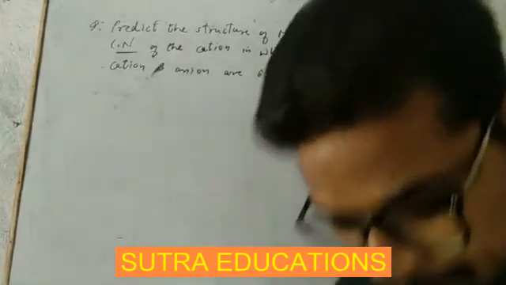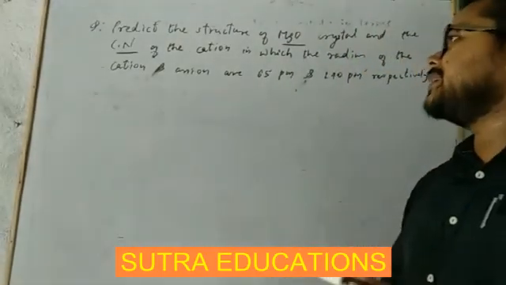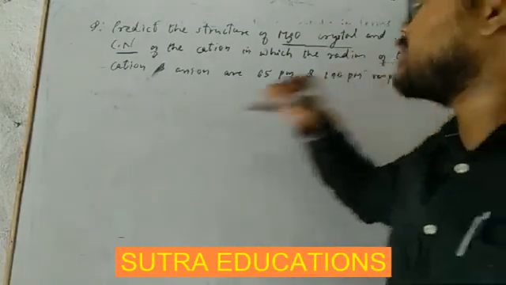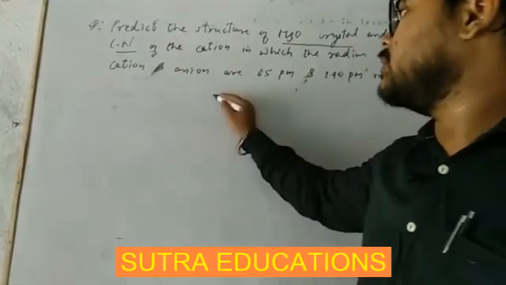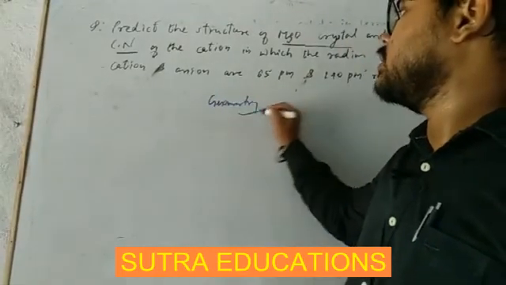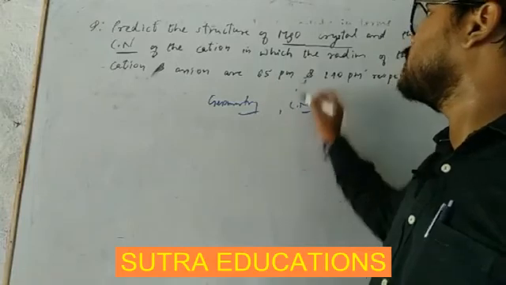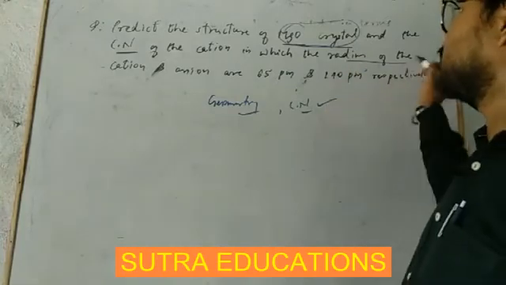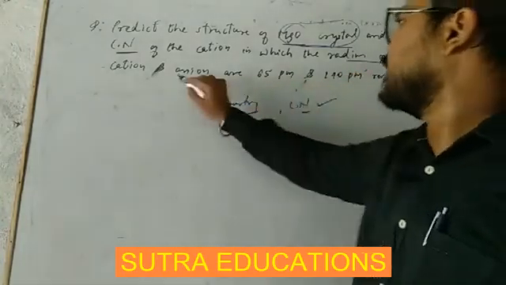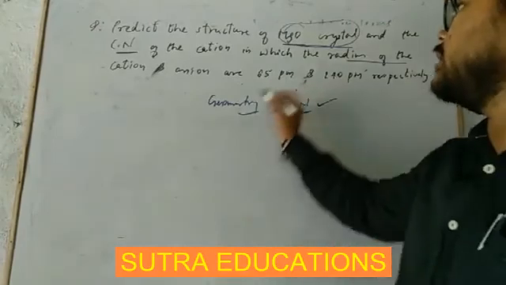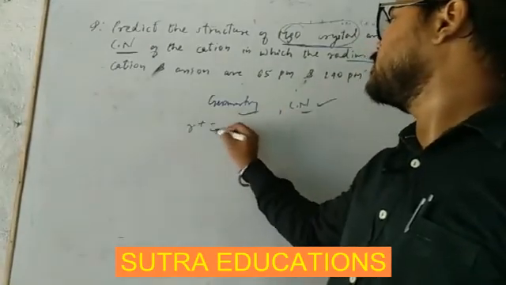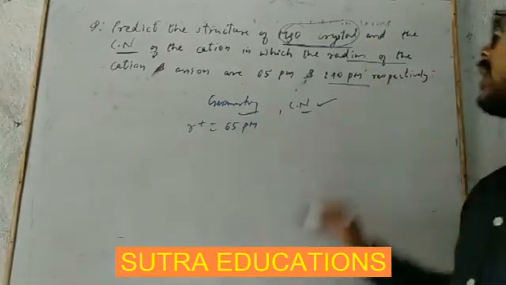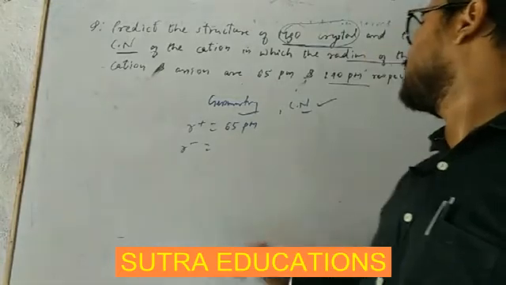Got it? The question is, predict the structure of the MgO crystal and the coordination number. It means we have to predict what the geometry will be and what the coordination number of the MgO crystal will be. We are given the radius of cation R plus as 65 picometer and the radius of anion R minus as 140 picometer.